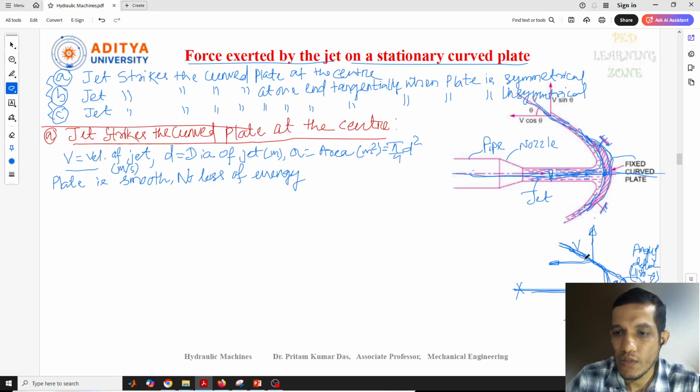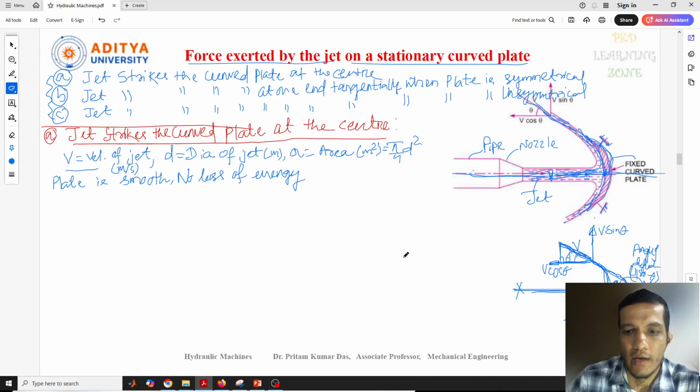This angle is theta. If I draw it like this, the base, the perpendicular, and the hypotenuse, we resolve and get V cos theta and V sin theta.